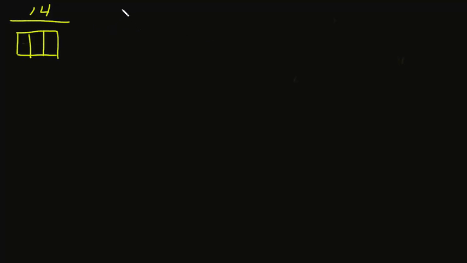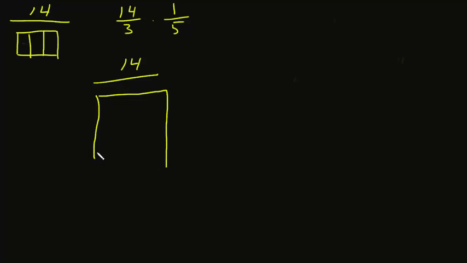Now, when we've got 14/3 times 1/5, what we're saying is, all right, we're going to take our 14 distributed amongst boxes divided into 1/3 size sections, and we're going to take each of those 1/3s and subdivide them 5 times.